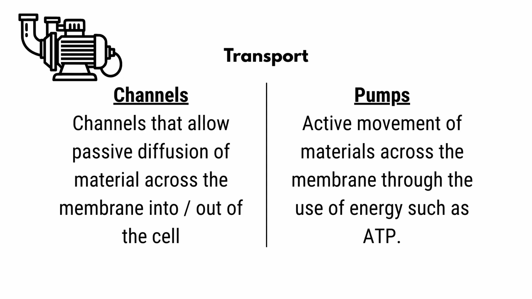For pump proteins, however, these are the ones that actively move things in and out of the cell membrane. The difference between the channel and the pump is that the pump is active and cannot allow passive diffusion and requires energy to, quite literally, pump things in and out. For example, the sodium-potassium pump actively moves sodium ions out and moves a few potassiums inside the cell.